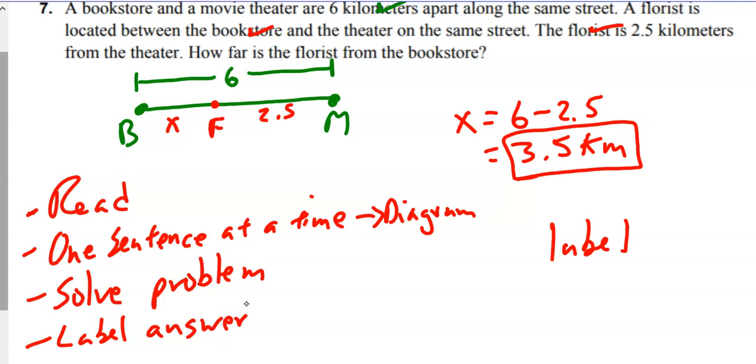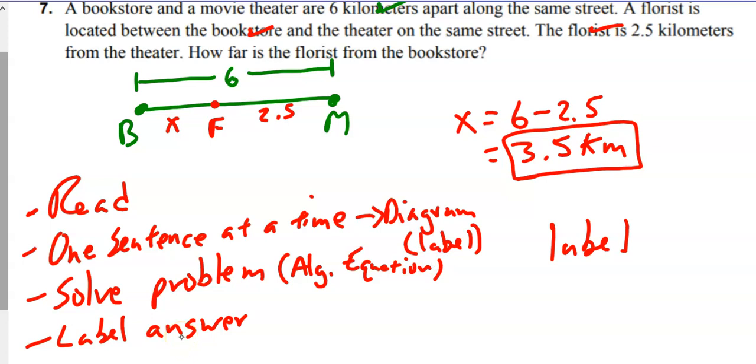So that's the strategy that we're going to use whenever we're working with word problems. Read it through all the way once, take it one sentence at a time, form a diagram. Notice how I really labeled my diagram too. So you want to label your diagram. I have all sorts of numbers and variables on here. Label it, pull off your algebraic problem to solve it. So this is going to be your algebra equation. And then label your answer.